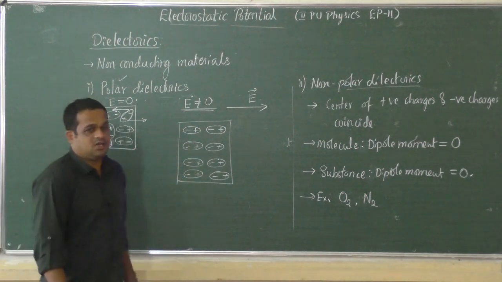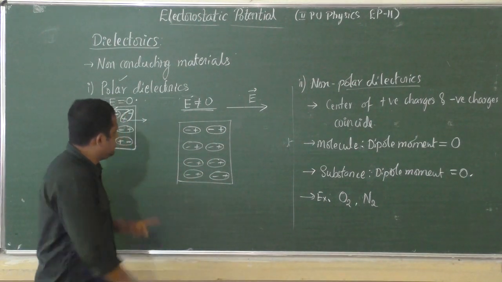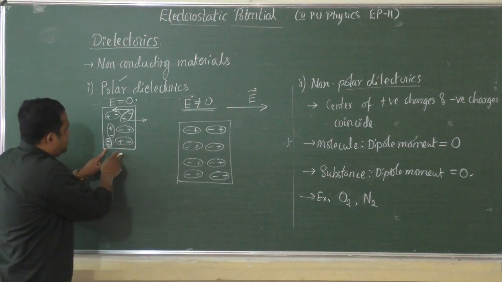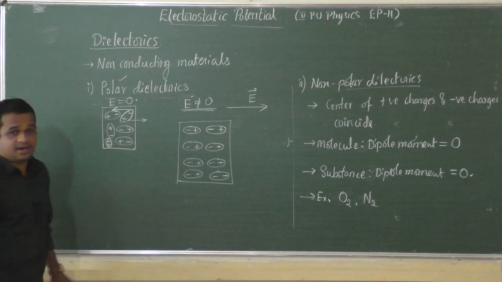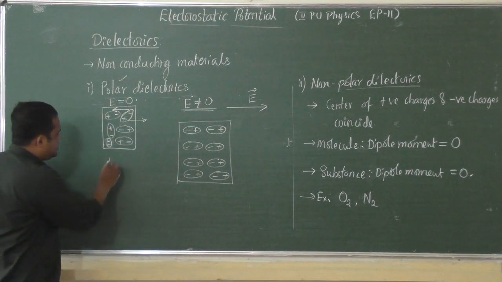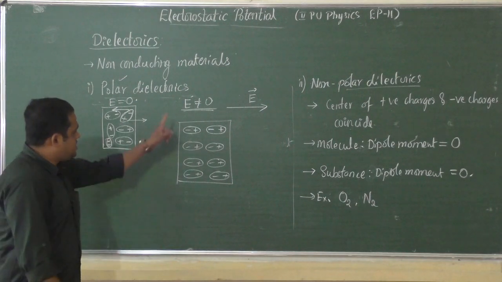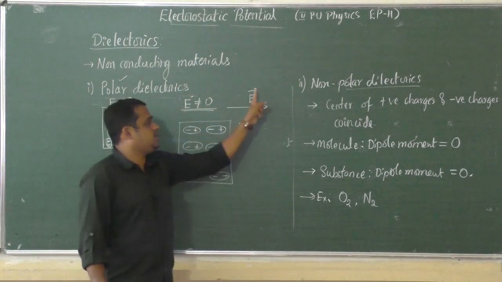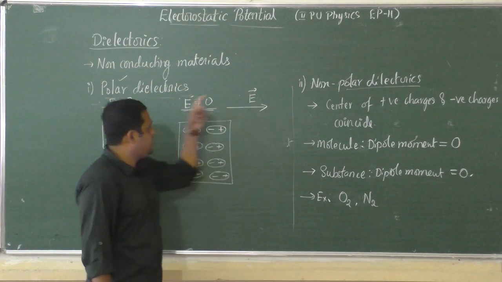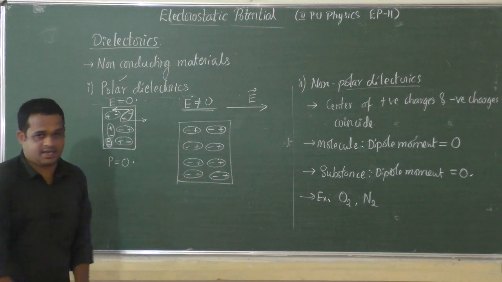Now this phenomenon is called polarization of dielectrics. In the absence of an external field, when the electric field is zero, molecular dipoles will be randomly oriented, so that the net dipole moment of the substance is equal to zero. But when the same dielectric is placed in the external field, positive charges will experience a force along the direction of the electric field, and negative charges will experience a force in the opposite direction.